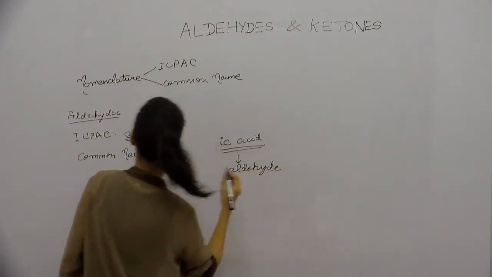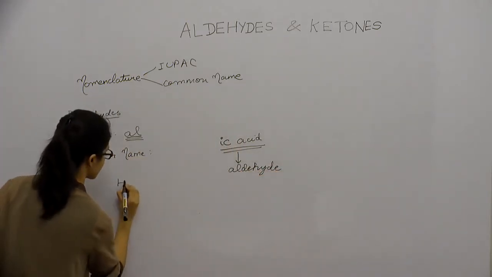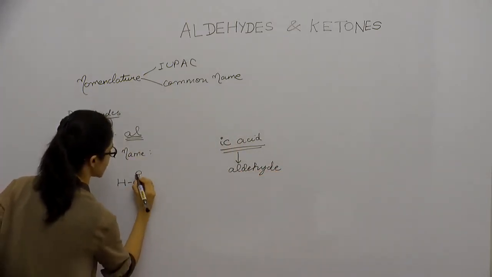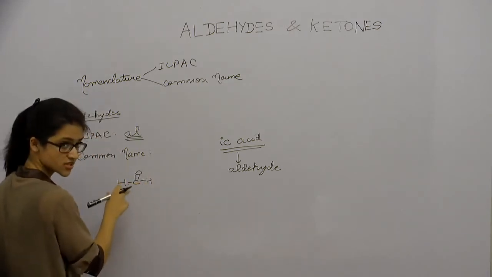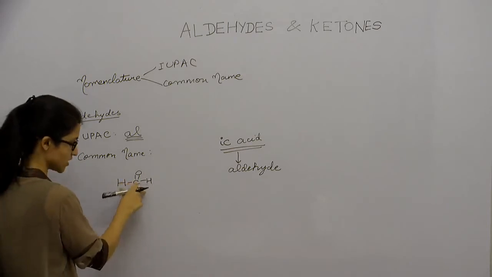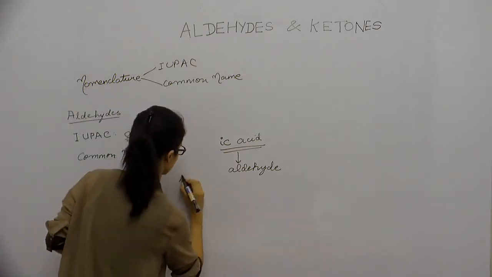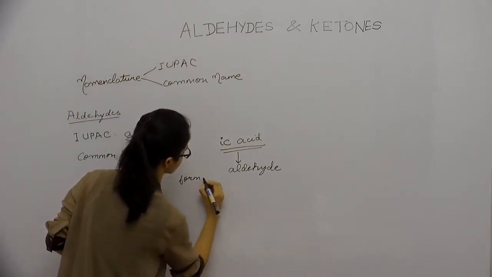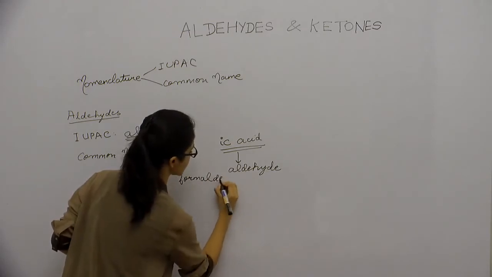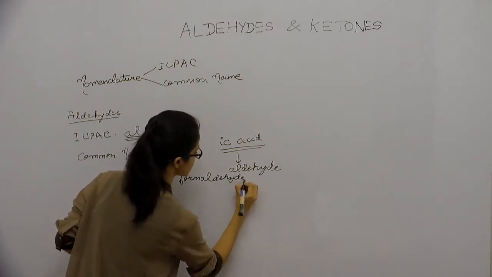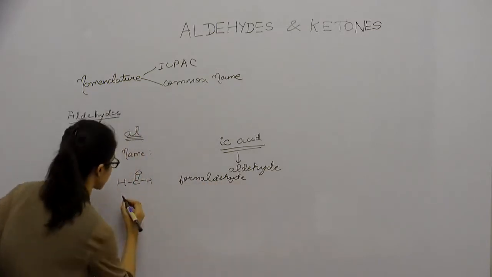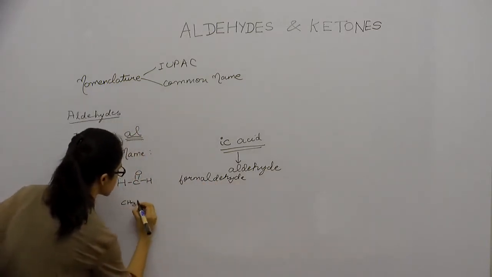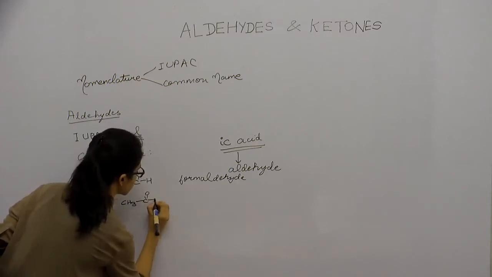So when we have H, C double bond OH, the common name for this methanal would be formaldehyde. Because we simply removed the ic acid from formic acid. Similarly, CH3 C double bond OH.